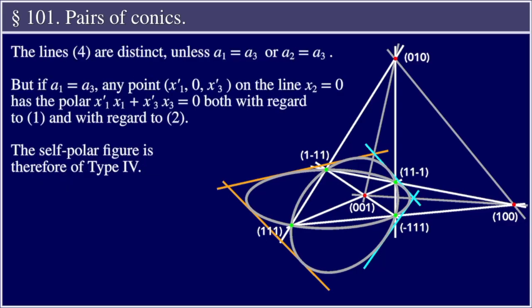The lines 4 are distinct unless a1 equals a3 or a2 equals a3. But if a1 equals a3, any point (x1 prime, 0, x3 prime) on the line x2 equals 0 has the polar x1 prime x1 plus x3 prime x3 equals 0, both with regard to 1 and with regard to 2. The self-polar figure is therefore of type 4.